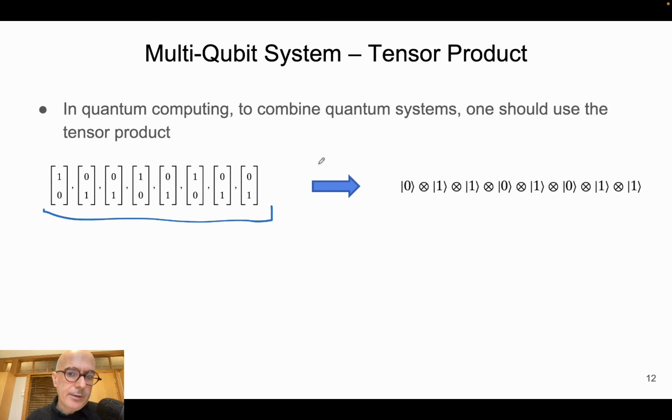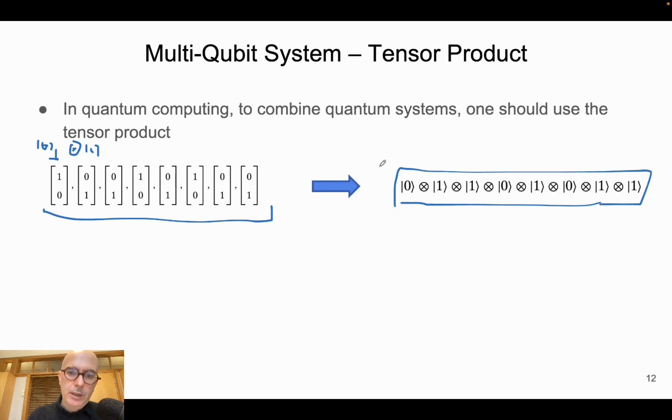We can express this combination of column vectors as a tensor product of the quantum states. So in this case, we have state 0, and then we take the tensor product with state 1. You see we can express it in this way.